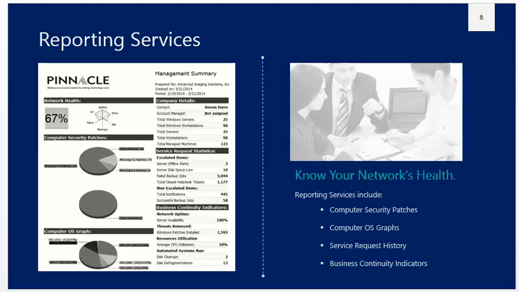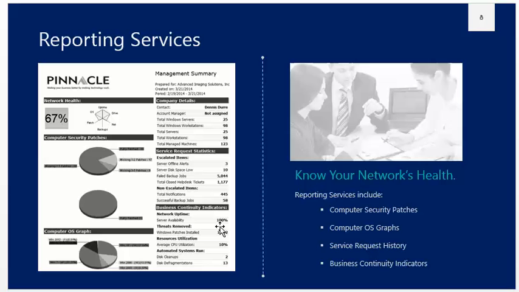And there's lots of reports that can be pulled out of here. You can log into it and pull ticket history reports, see things like computer security patches and what's being done with that. Business continuity indicators, so how available is the server over a certain period of time, and that number, as you can see down here, is at 100%, and it should be very, very close to that.